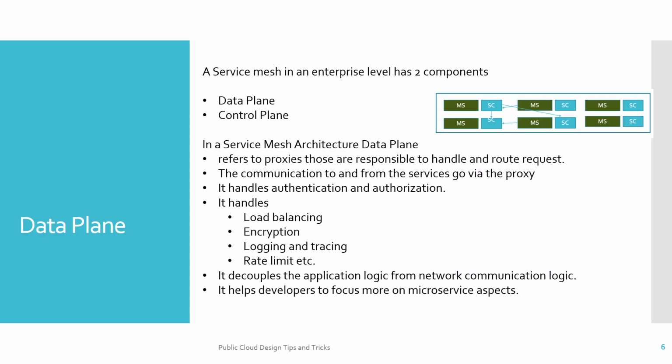It also handles authentication and authorization that we already discussed, and load balancing, encryption, logging and tracing, rate limiting, etc. Again, it decouples the application logic from the network communication logic. It helps developers focus more on building microservices rather than thinking about routing and other related stuff, which can be dealt with by the sidecar or the service mesh proxies.